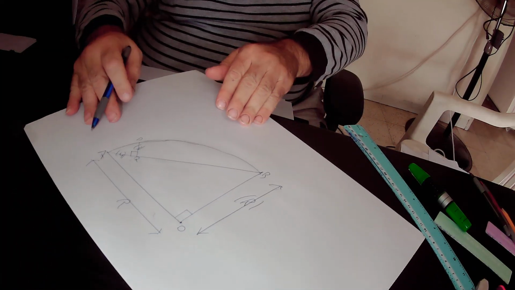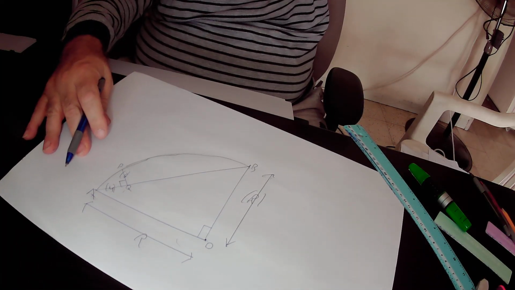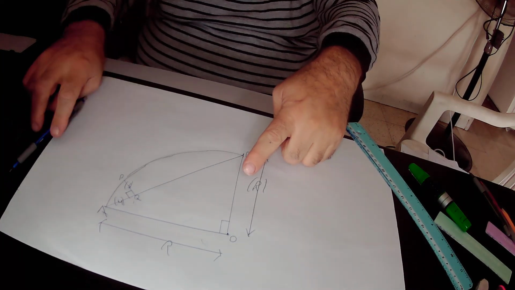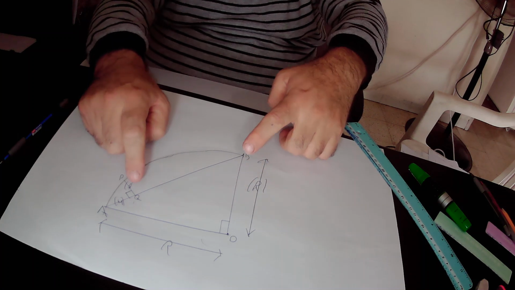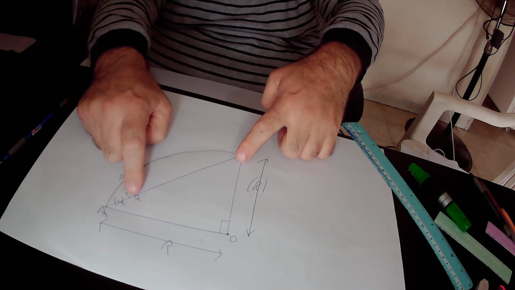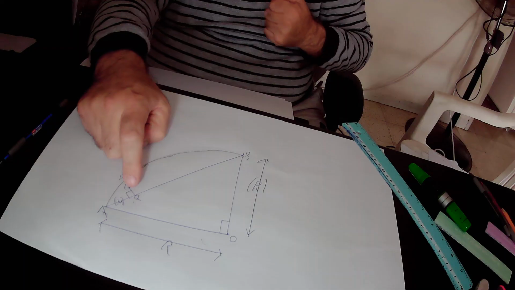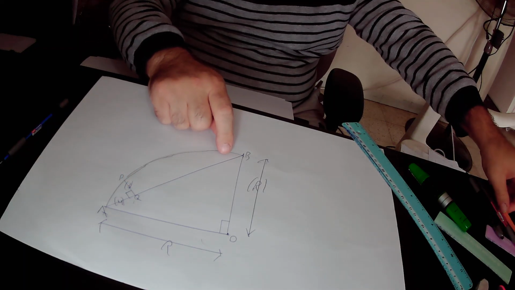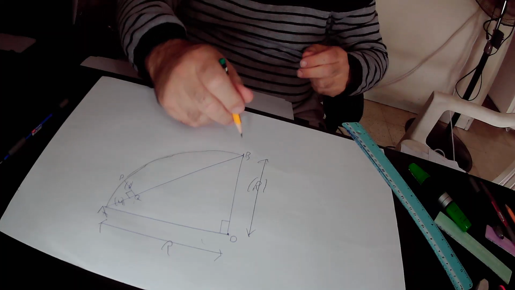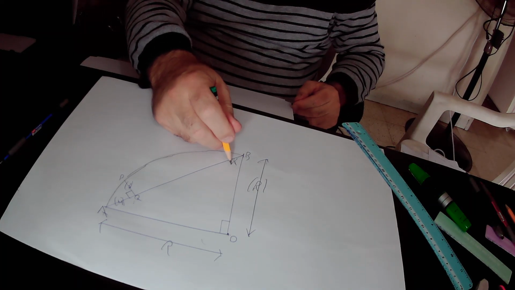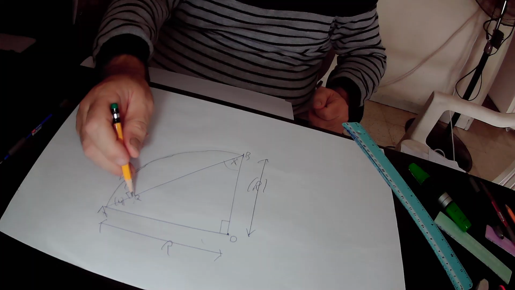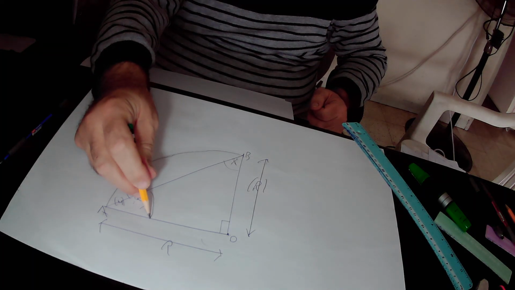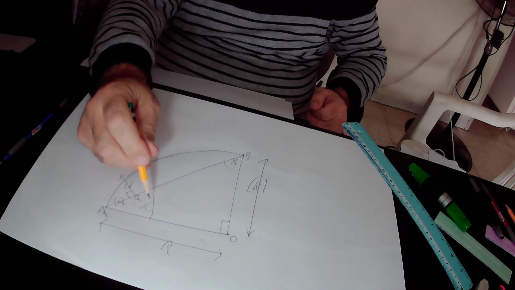We have the rule that in front of equal sides in a triangle there are equal angles. So in front of those two equal sides, we have two angles that must be equal in size. If we define the size of this angle as x, then the size of this angle must also be x.